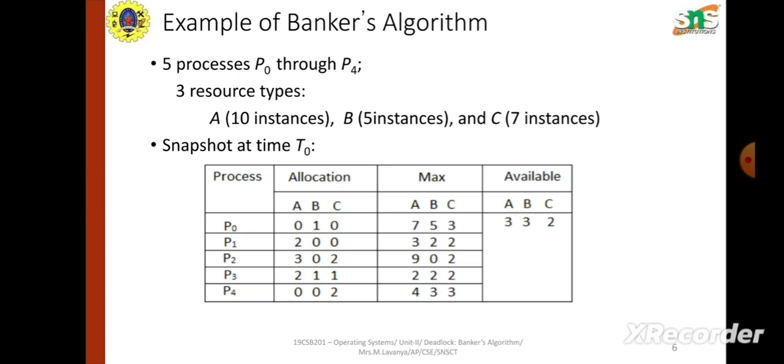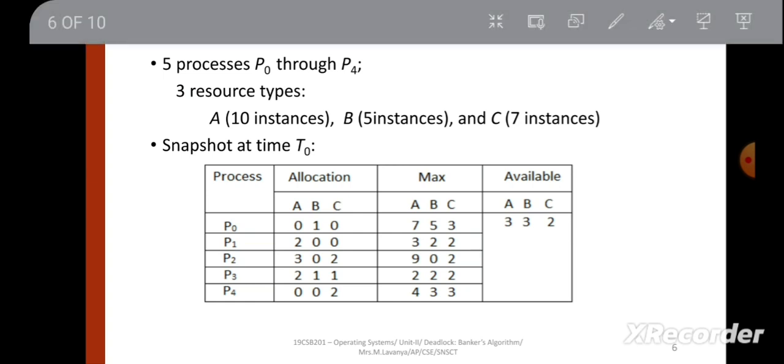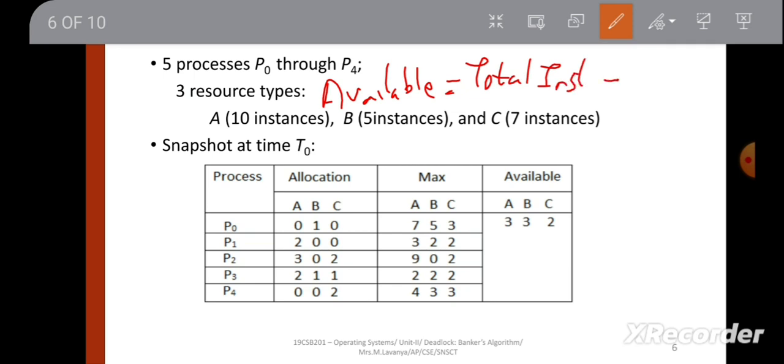In this problem, the available is already given. In case the available resources are not given, the formula used for finding the available matrix is: available equals total instance minus allocated instance.